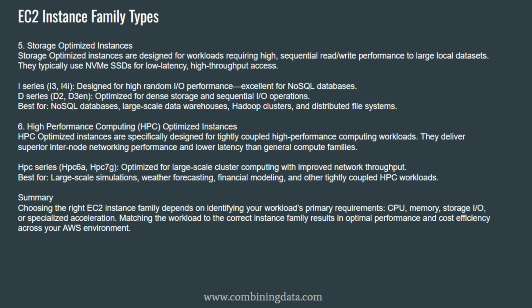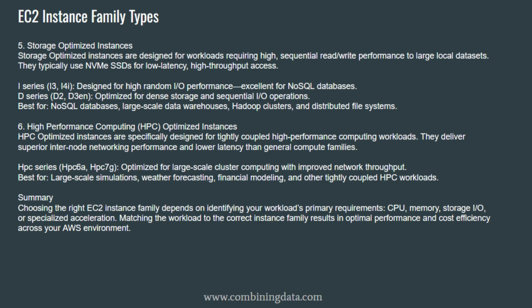Key distinction for the exam: compute optimized means high CPU per instance. HPC optimized means high-speed communication between instances. Summary: the key to choosing the right EC2 instance type is identifying what resource your workload depends on most. Balanced workload, general purpose. CPU heavy, compute optimized.